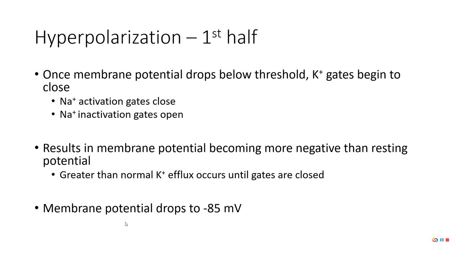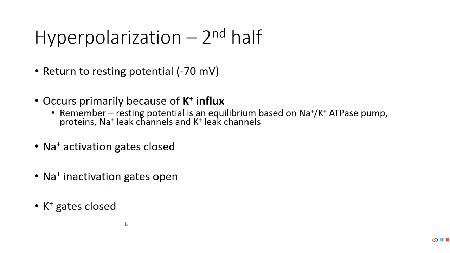Now we have the second half of hyperpolarization. We have to return back to that negative 70, and this is actually occurring because of potassium influx. Remember those proteins? Those proteins like positively charged ions to hang out with them. So much potassium has left that now there's too much negative charge, and potassium can go through all those leak channels.